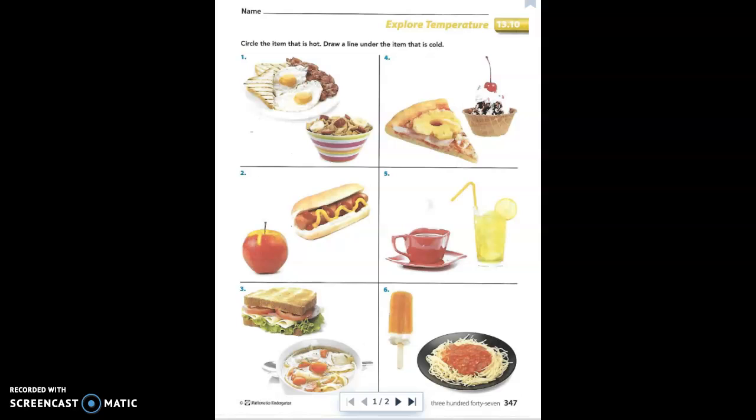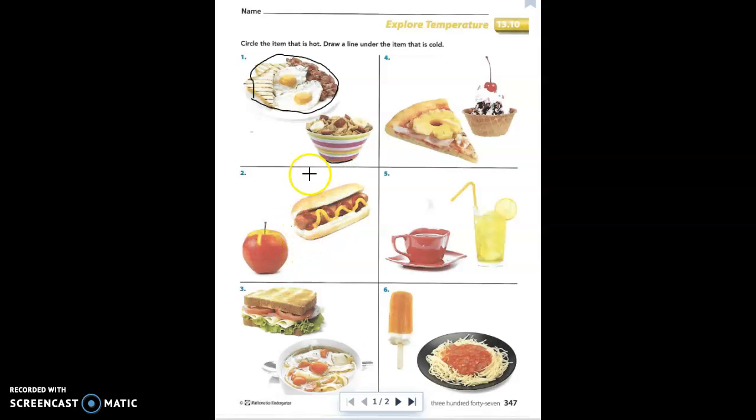This is a very easy exercise to do, okay? It says circle the item that is hot and draw a line under the item that is cold. For number 1, we have a plate of eggs and bacon and toast, and we have a bowl of cereal. So I have to circle the hot item. Well, obviously the eggs and bacon are my hot item, and my cereal is the cold item.